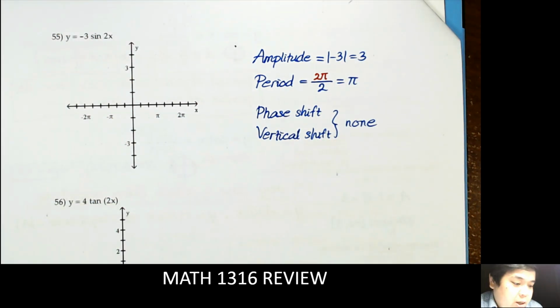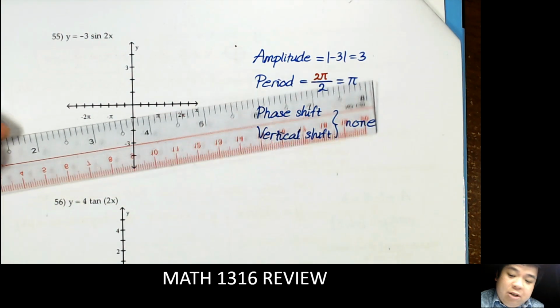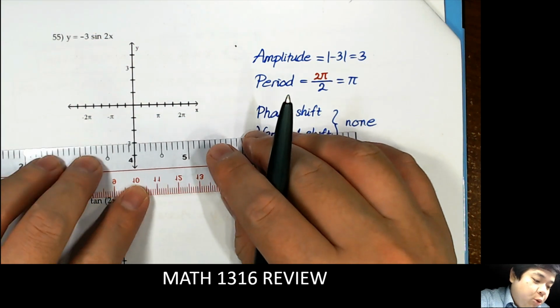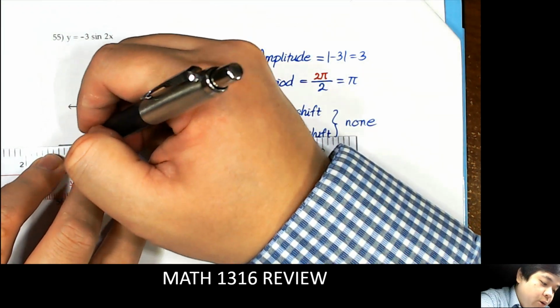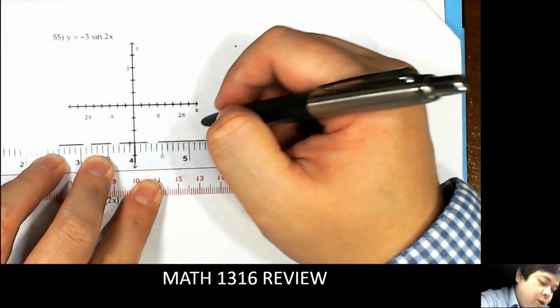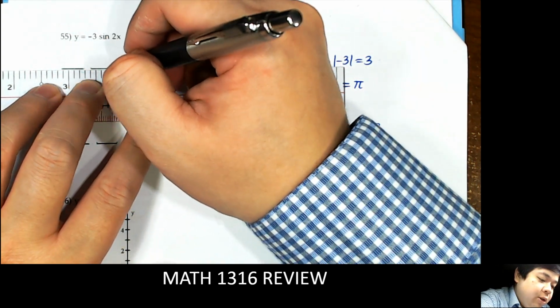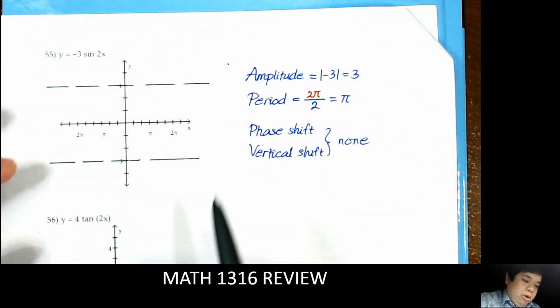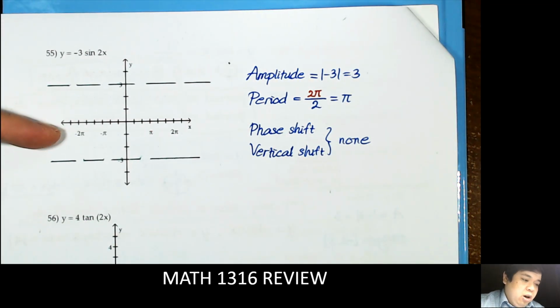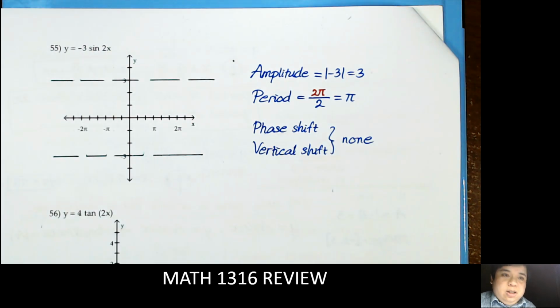Now, first the amplitude is 3, so it will be 3 up, 3 down. So that much we know. The amplitude is from the central line up and down the same unit, same number. Right. The period is pi.